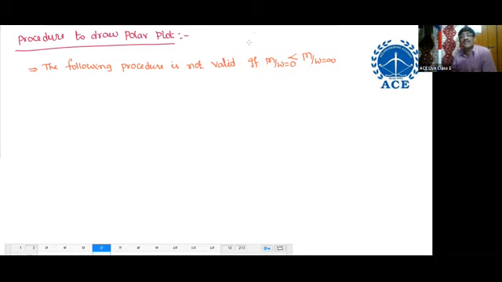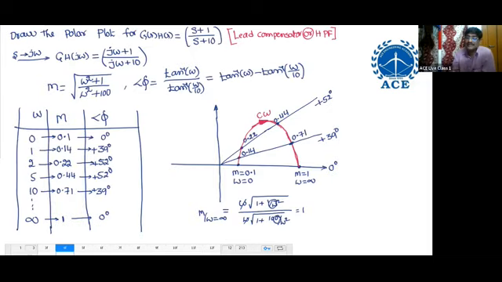Be remember. Our control systems are low pass filters; 99.99% they'll ask low pass filters only. If by mistake they ask a question on a high pass filter, you go by the standard procedure.